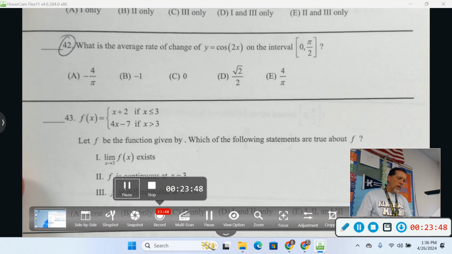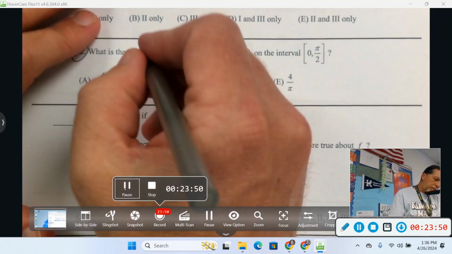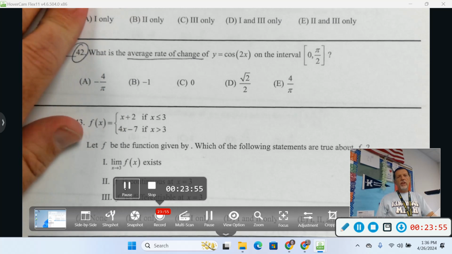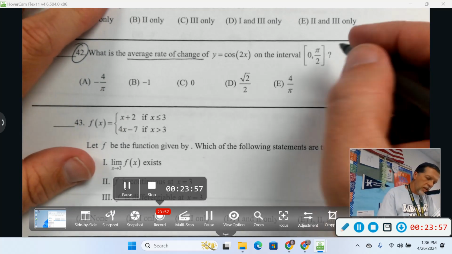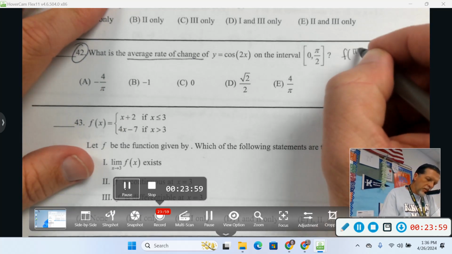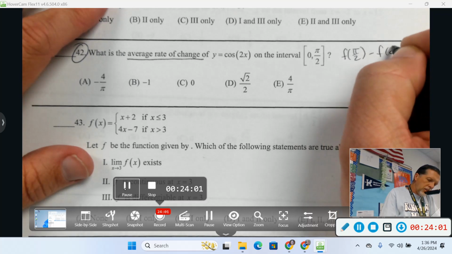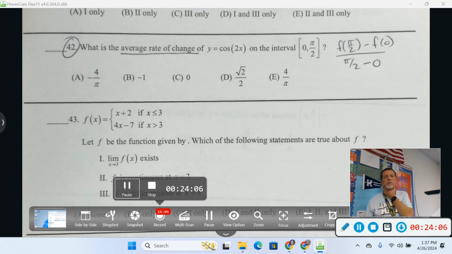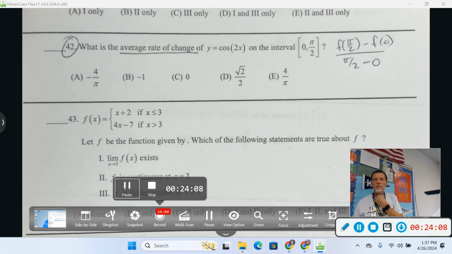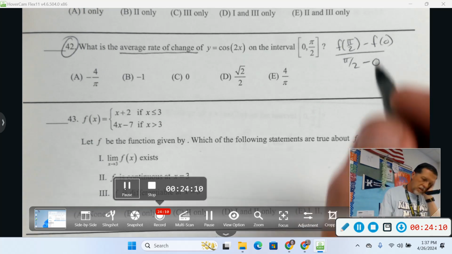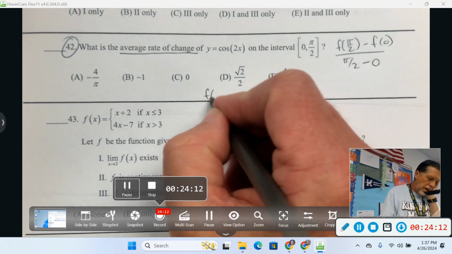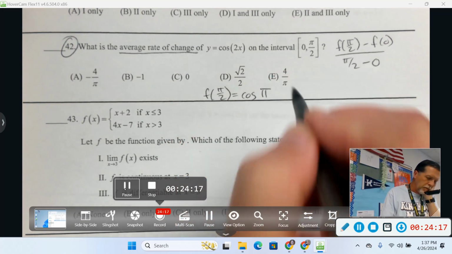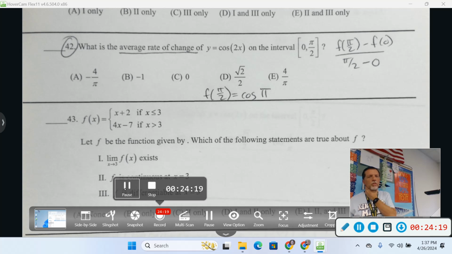42, what is the average rate of change? Average rate of change. So that is like algebra slope. So that's f of pi over 2 minus f of 0 over pi over 2 minus 0. So let's find the pieces and see what we get. F of pi over 2 is cosine of pi, and we multiply it by pi over 2 times 2 becomes pi.